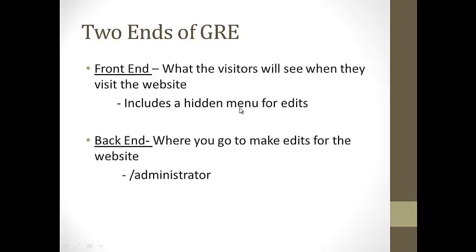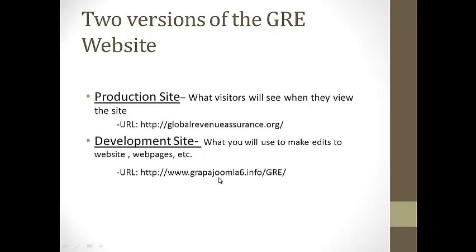And this includes a hidden menu for us to just make edits, as opposed to entering the back end, which is where we also go to make edits for the website. And to access the back end, you will use administrator /administrator, and you'll enter that in after this URL.